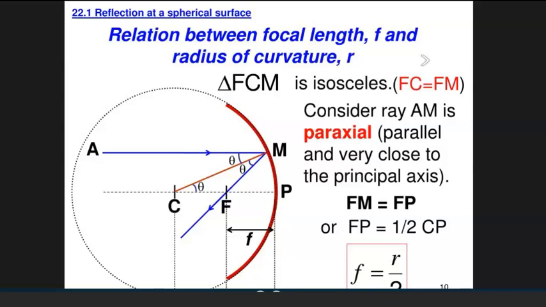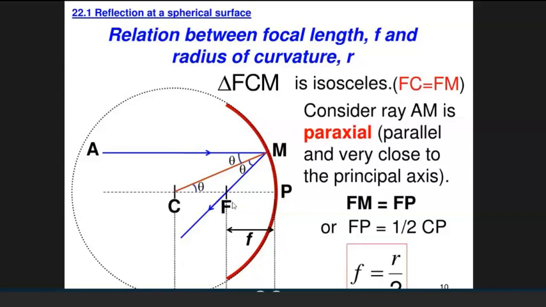Therefore, paraxial rays are described here, because incident rays parallel and very close to the principal axis are called paraxial rays. So FM equal to PF. Therefore, CM equal to CP, because CM is a radius and CP is also a radius. So this is equal. Now CP must be equal to CF plus PF.